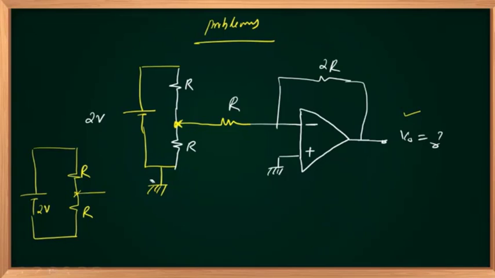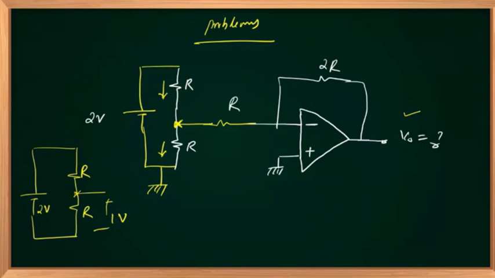Dear students, you must understand that only if this branch is open will the same current go through both resistors. Then only can you apply the voltage division rule and get 1 volt.